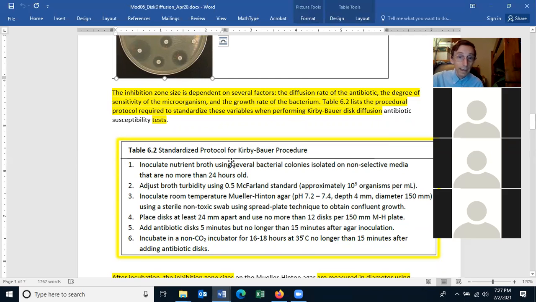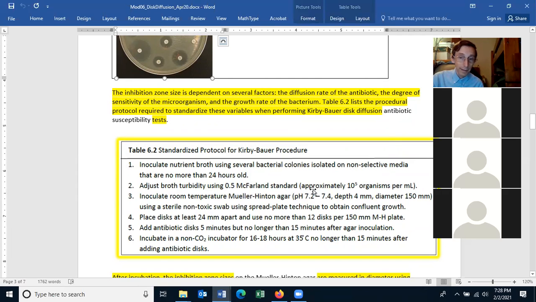Meaning you should inoculate the nutrient broth from several bacteria colonies, and you grow that bacteria on non-selective media, and the bacteria are no more than 24 hours old in that non-selective media. You then use the turbidity of the growth of the bacteria at 0.5 McFarland units.